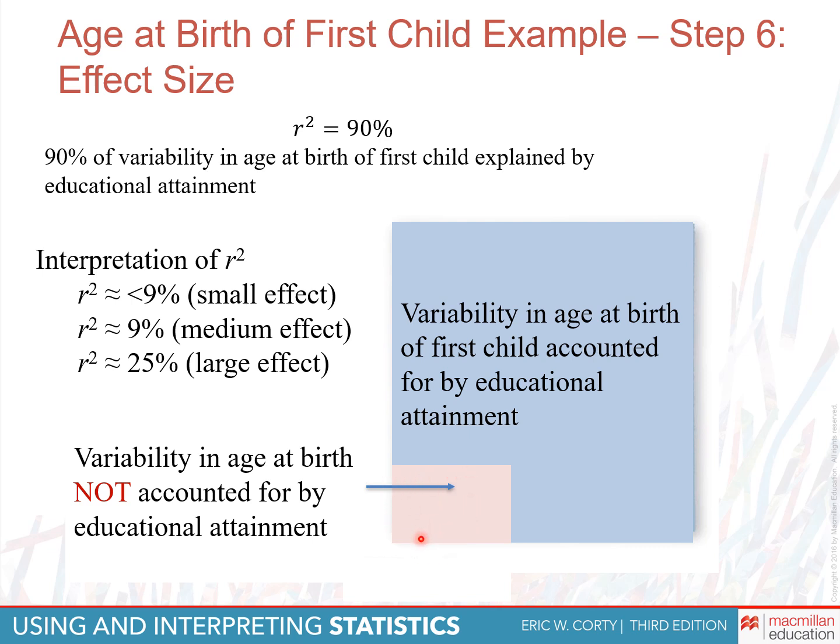It could be where in the country a person lives. It could be the race of the mom. It could be lots of different things, but we know only 10% is accounted for by other factors. And an R squared of 90% tells us that 90% of the variability you see in age at birth of first child is accounted for by how much education mom has.